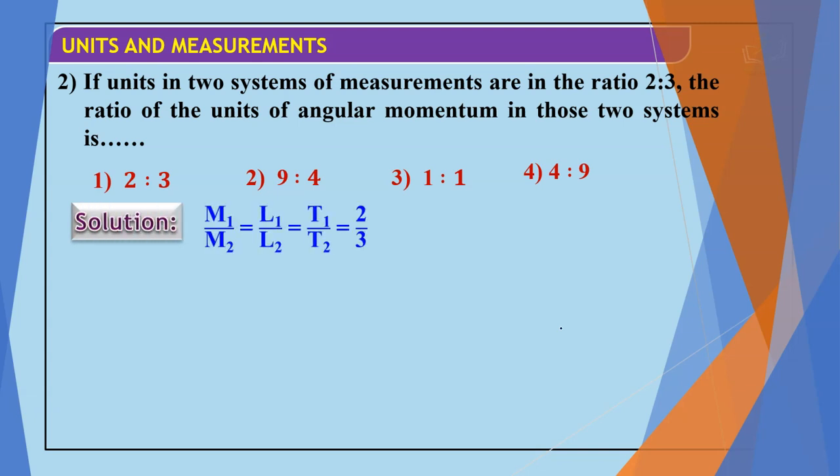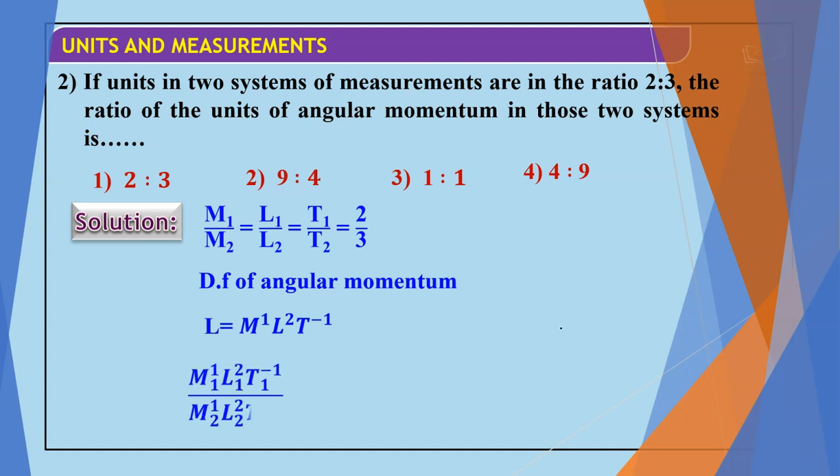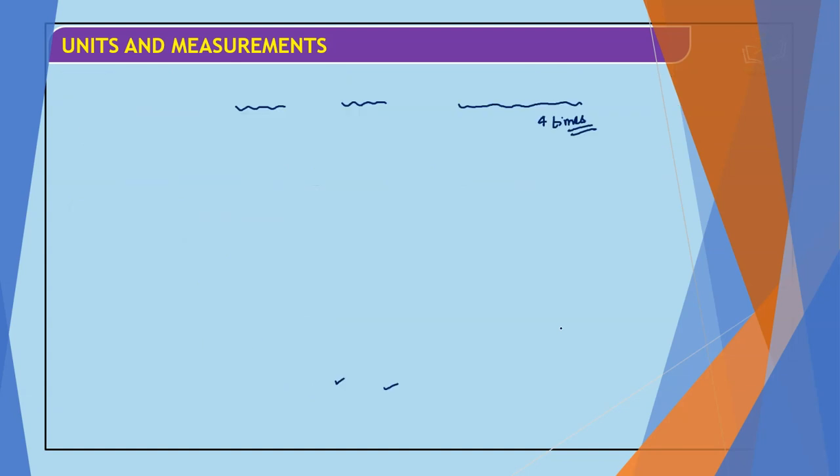We know M1 by M2 is equal to L1 by L2 is equal to T1 by T2. The dimensional formula for angular momentum L is ML2T minus 1. Put all these values here and we get 4:9. According to that, the correct answer is 4:9.